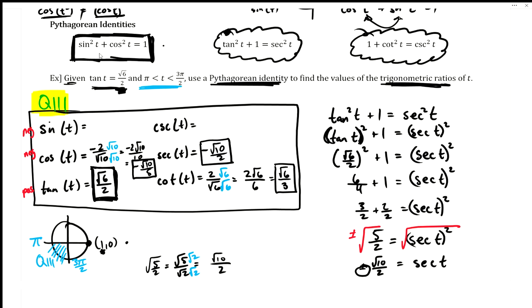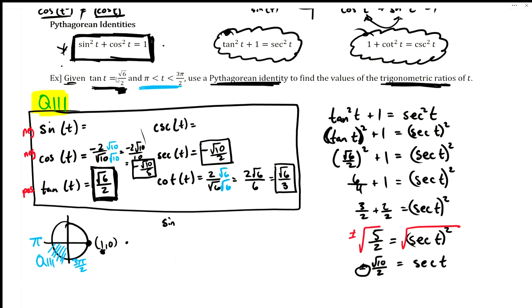That's the cosine answer. All right, now that we have the cosine answer, one last thing. Let's go and erase. So there's my scratch work that I was erasing. I need the sine answer. Now we can go and use our main Pythagorean identity.